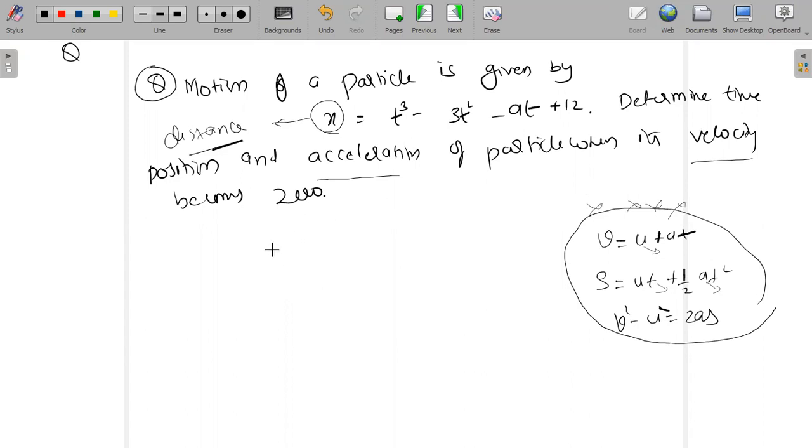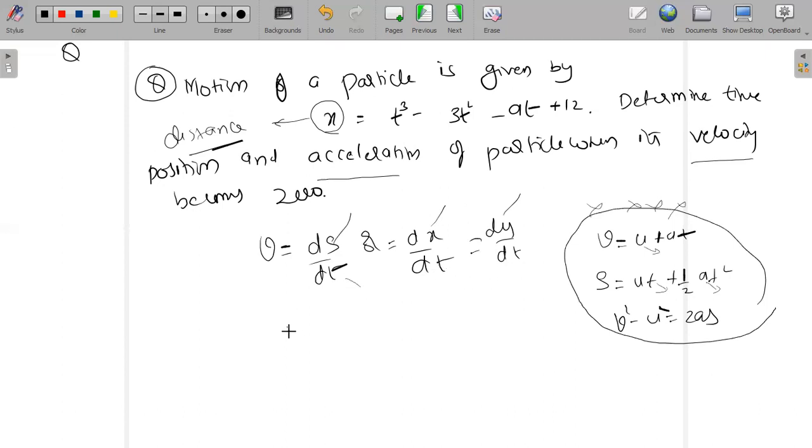If a relationship is given, obviously you have to go for the other formulas which we have discussed. Velocity v is equal to ds by dt. Here, instead of s, we can write dx by dt. If y is given, we will write dy by dt. All are displacement with respect to time.